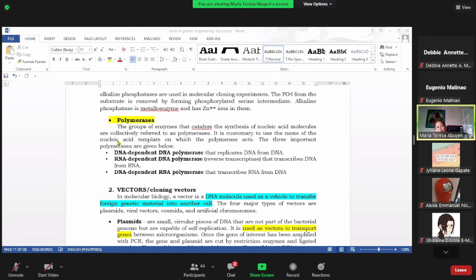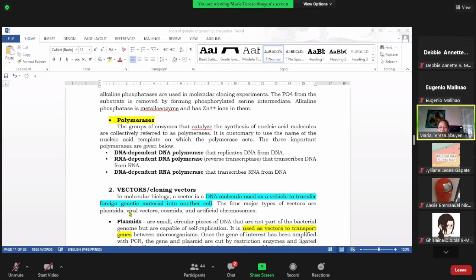Okay, so one tool in genetic engineering is enzymes. For the enzymes, we have the polymerases, we have the DNA ligase, and restriction enzymes. They are all needed in genetic engineering. So another tool in genetic engineering are the vectors, or the cloning vectors.